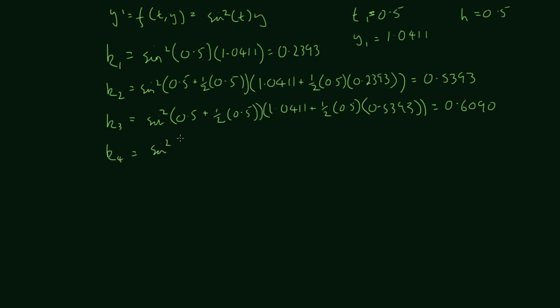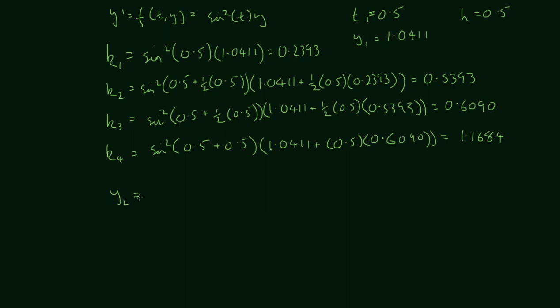And k4. So here we have t plus h, and y1 plus h times k3. That works out at 1.1684. Once again we have our four stage values, so we can update our solution.